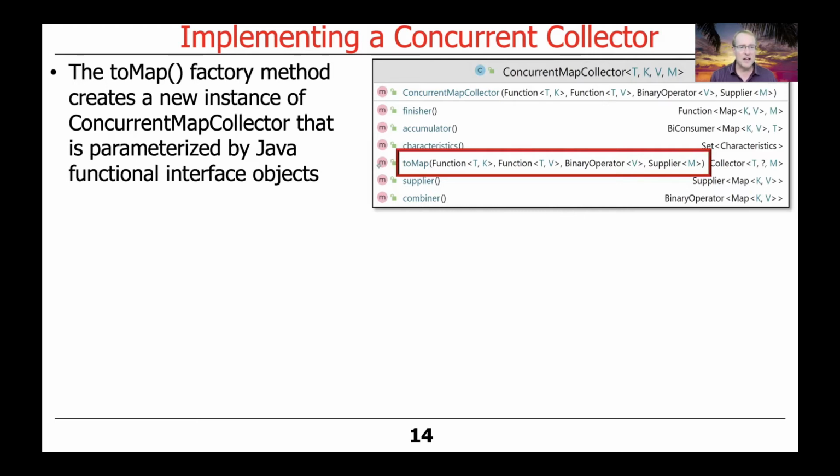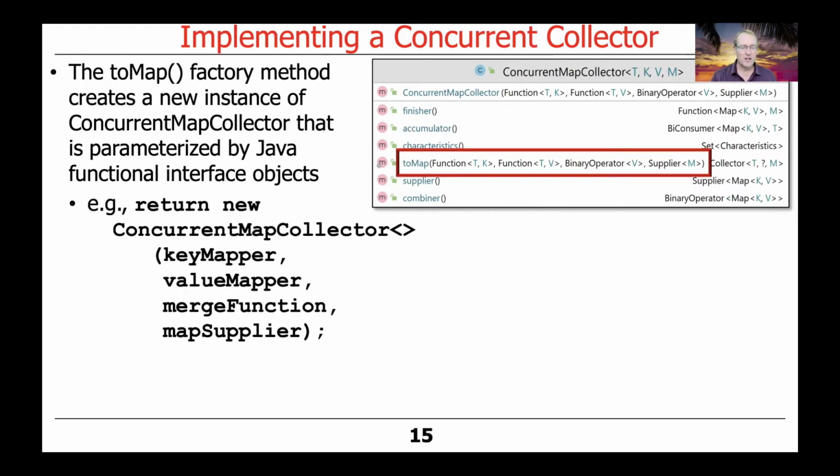The way you make one of these things is by using the toMap factory method, which is a static method that's going to create a new instance of ConcurrentMapCollector that will be parameterized by various Java functional interface objects, such as a Function called a key mapper that maps the type T to a key, another Function called a value mapper that maps the type T to a value, something called a merge function, which is a BinaryOperator that's going to be used if you have two keys that collide to identify what to do with the value in that case.